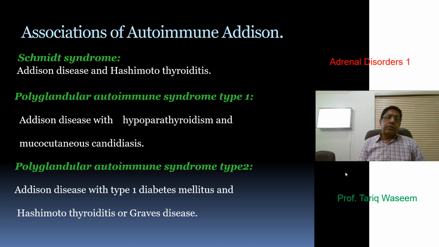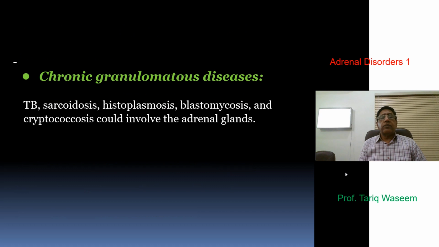In polyglandular autoimmune syndrome type 2, the Addison disease is associated with type 1 diabetes, both sharing the autoimmune pathology, and in addition to that, they have Hashimoto's thyroiditis or Graves' disease as well.